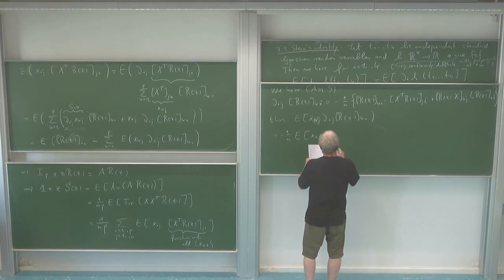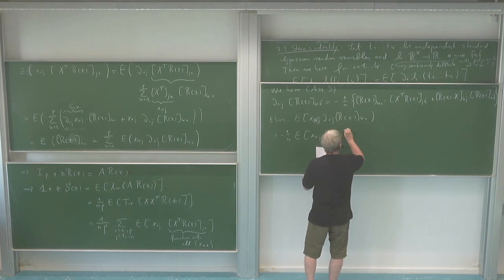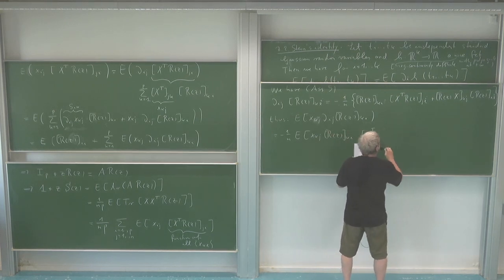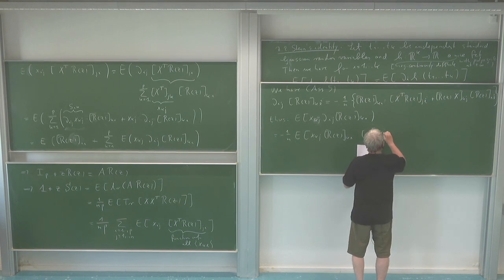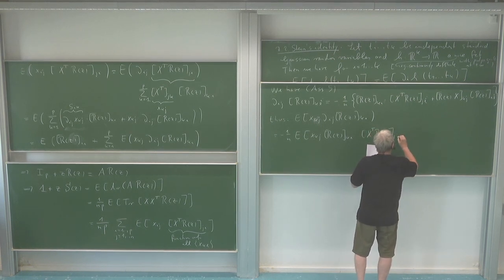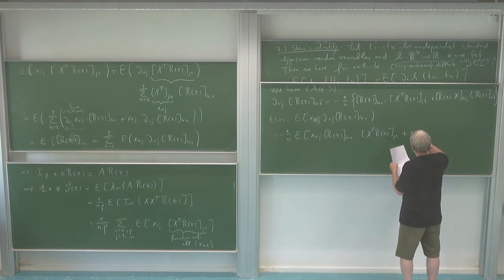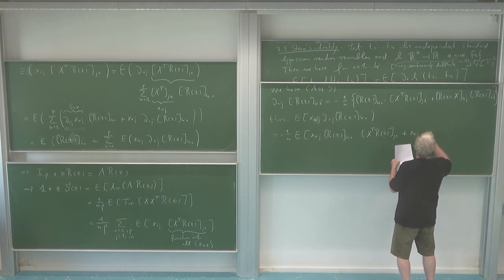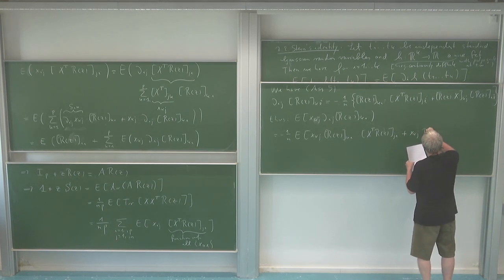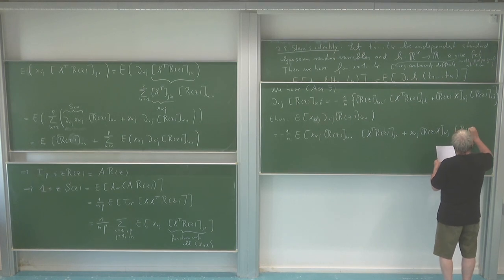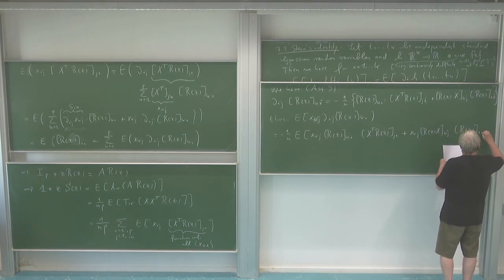So this is the sum of two terms. The first is r of z, ki, times x transpose r of z, ji, plus, okay, I still have this x_kj, and I have to multiply it with the second term here, so r of z x, the kj entry, r of z, the I entry.